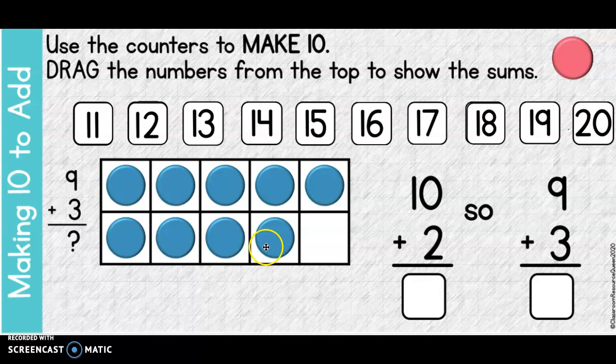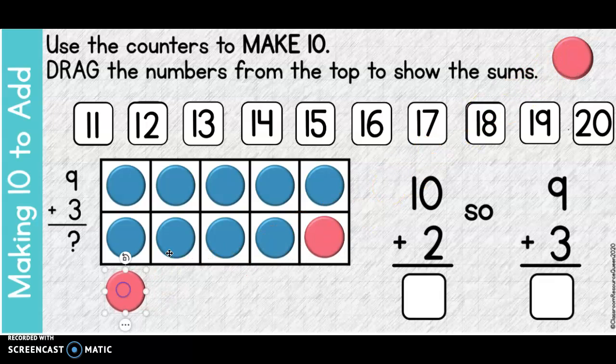Now, I'm going to add 3 more to this 10 frame, which only has 9 in it right now. So I will move 1 more, 2 more, 3 more. And so I've set my problem up: 9 plus 3.